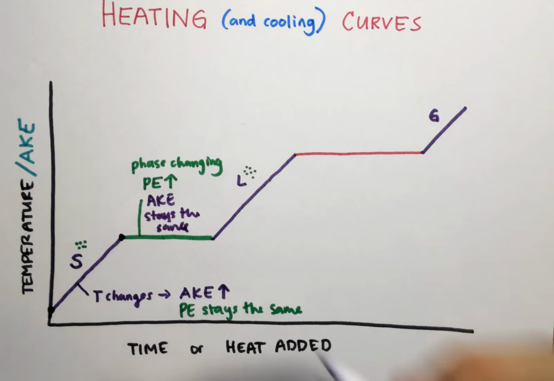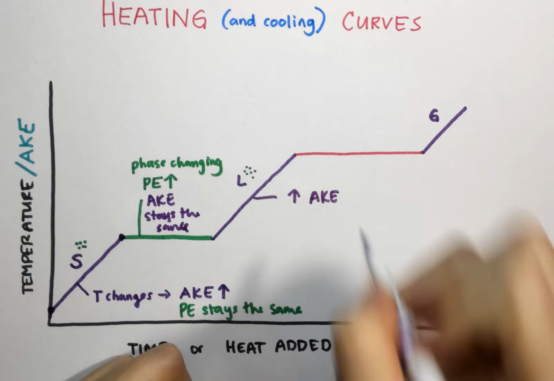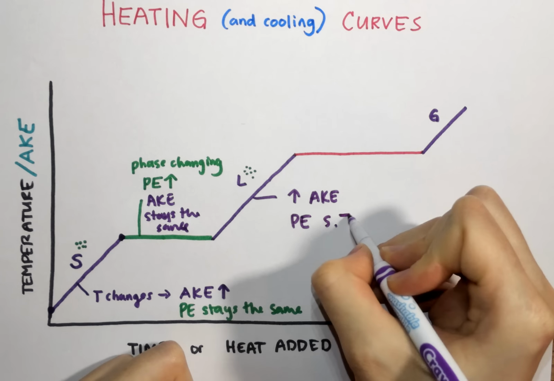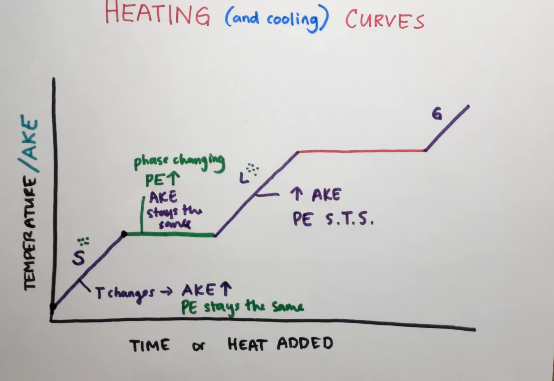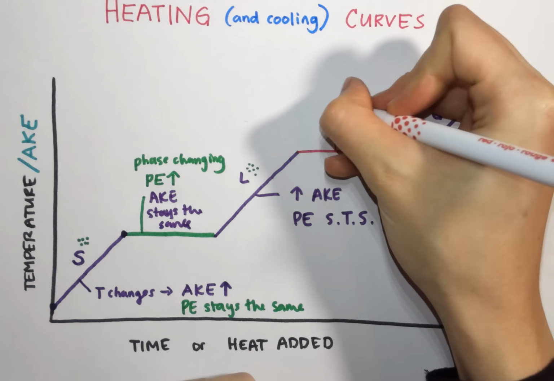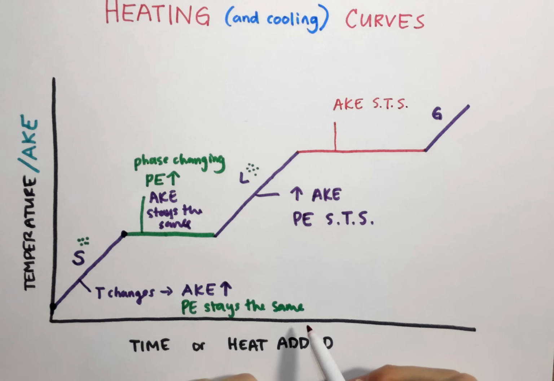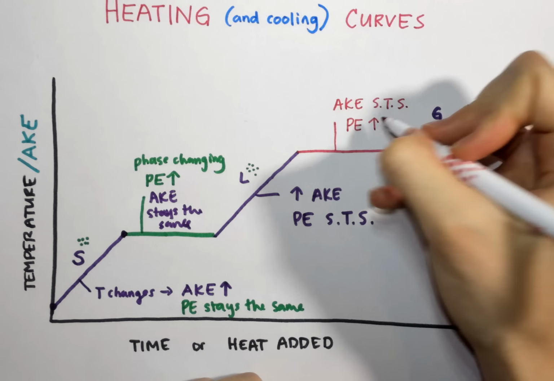Along this slanted line, we see an increase in average kinetic energy because there's an increase in temperature, whereas potential energy stays the same. We hit a flat line. Temperature is not changing, so that must mean average kinetic energy stays the same. But because heat is still being added constantly, a type of energy has to change. It must be potential energy that's increasing here.